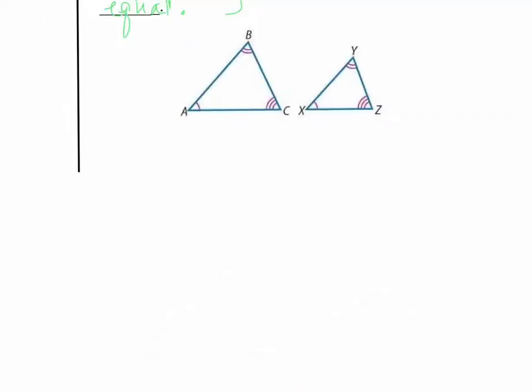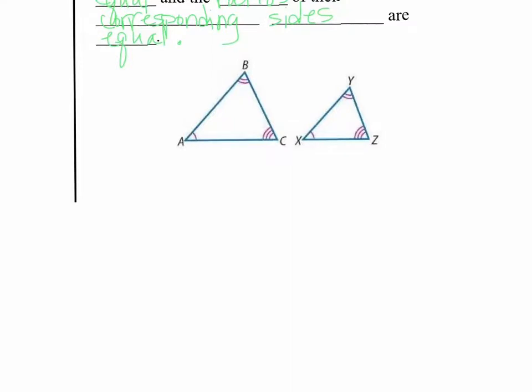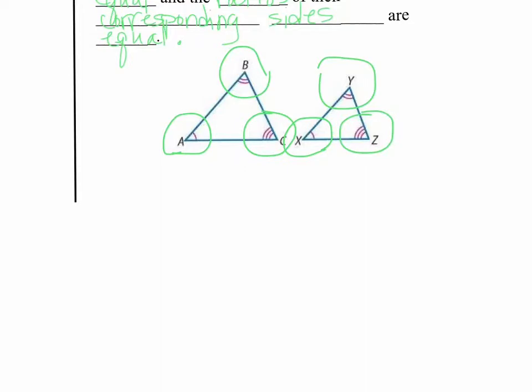When looking at these two triangles, you can see the two marks where B is, that correspond to the two marks where Y is. Same thing with A and X, same value, and then C with Z. Remember, all the angles of a triangle add up to 180 degrees.